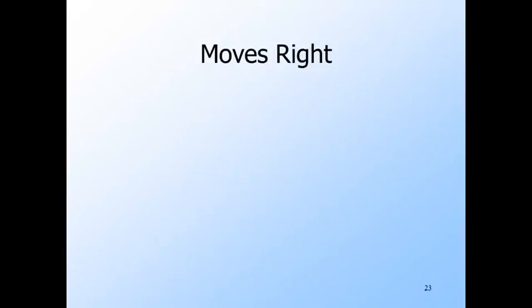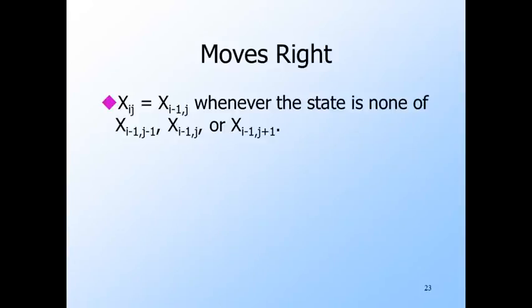We're now going to start working on moves right. A lot of this expression simply says that x i j equals x i minus 1 j. That is, a symbol in the ith ID is the same as the symbol in the same position of the previous ID. That will be true whenever the symbol in that position is not the state, and neither are the positions to the left and right in the previous ID the state. Since a state can only move one position, we know nothing changes two or more symbols away from the state.